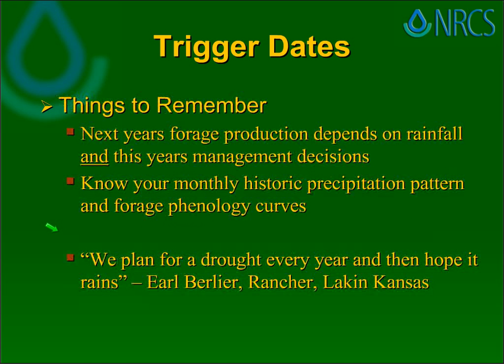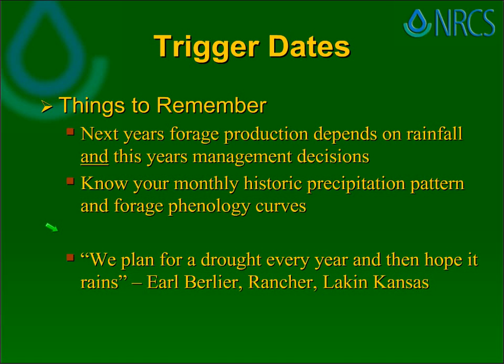So the whole point of this is that we want a more favorable weather forecast. Brian, in the future, we'd certainly like to have one of those, but next year's forage production depends on the rainfall and the decisions of management that we make this year.